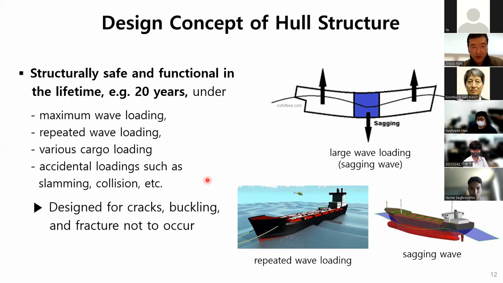From a point of failure, hull structure should be designed properly so that cracks, buckling, and fracture do not occur during the lifetime. Usually, the largest wave loading condition happens under this sagging wave, like this figure.